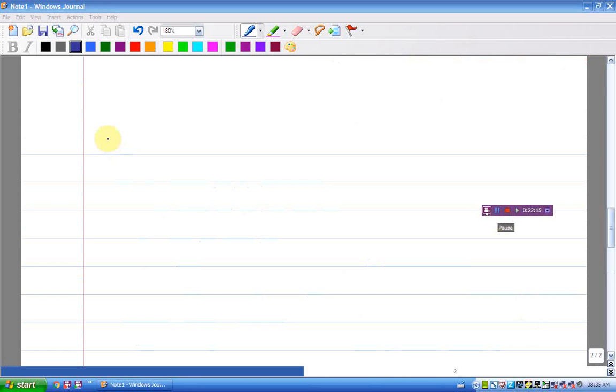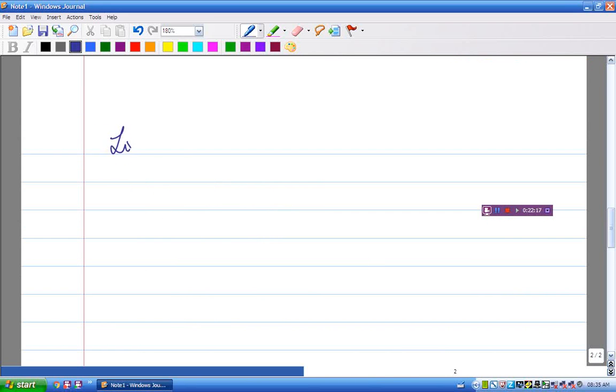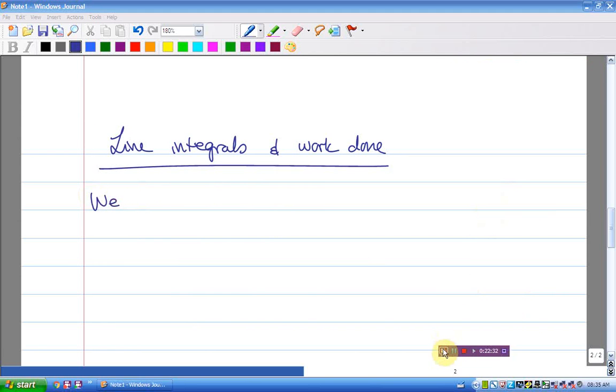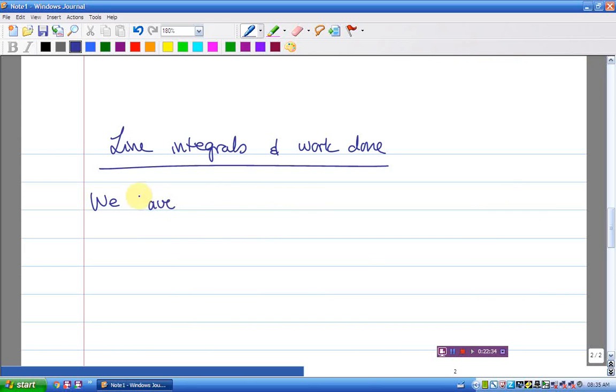All right, line integrals and work. Work done. Okay. So we have seen in this last section line integrals for multivariable scalar functions.